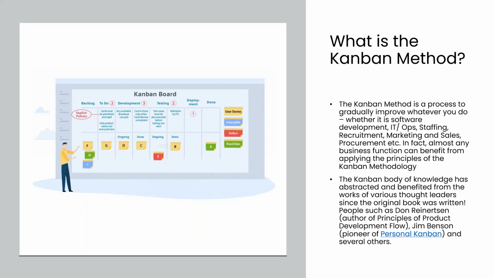So in the Kanban Agile methodology, for example, if in your project you are following a Kanban board or a Kanban framework, you will be using the board for everything.